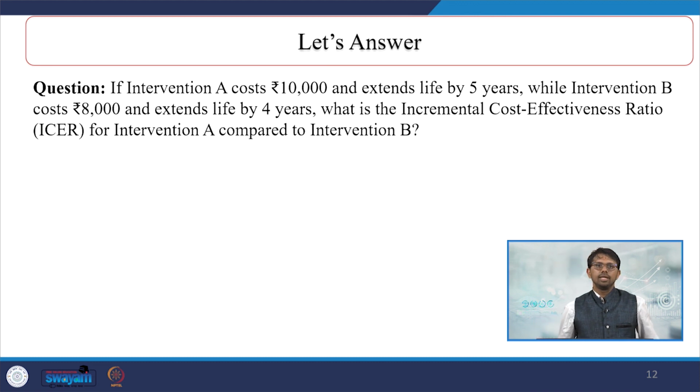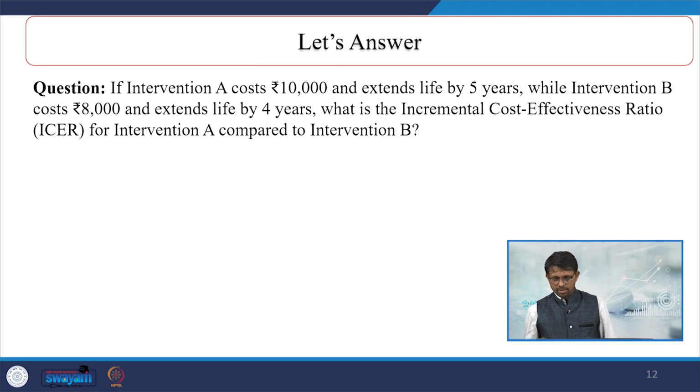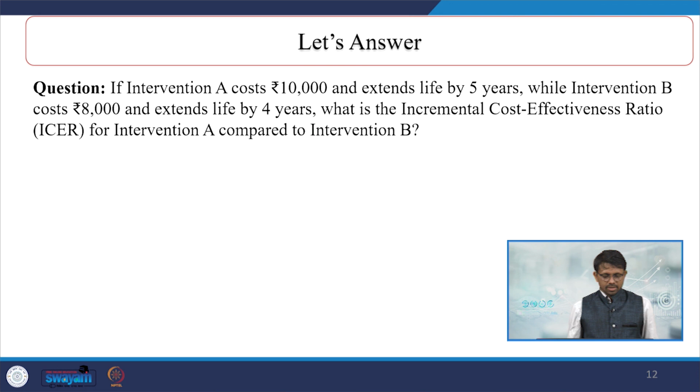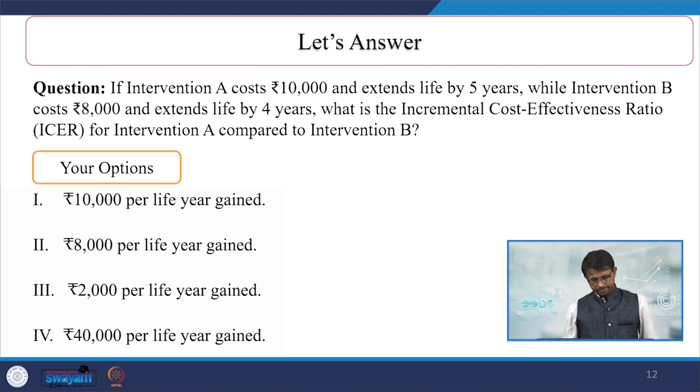If intervention A costs 10,000 rupees and extends life by 5 years, while intervention B costs 8,000 rupees and extends life by 4 years, what is the incremental cost effectiveness ratio, ICER, for intervention A compared to intervention B? So, there are these options, you can see which option is really good.